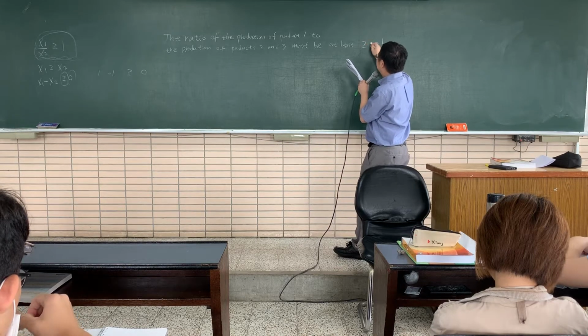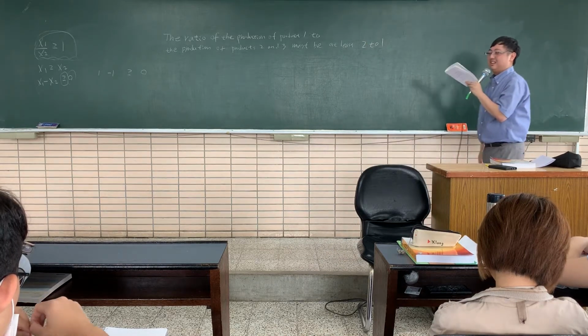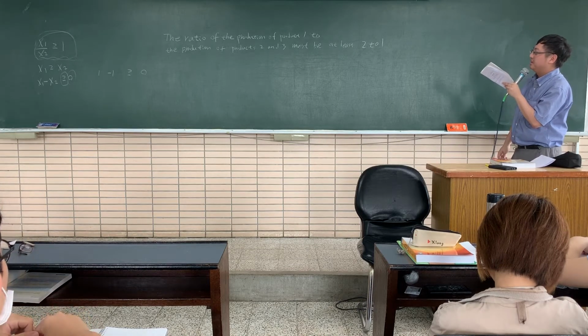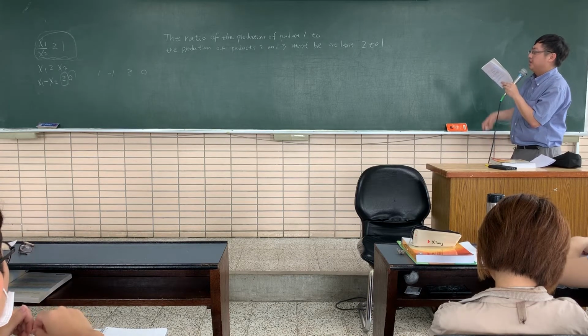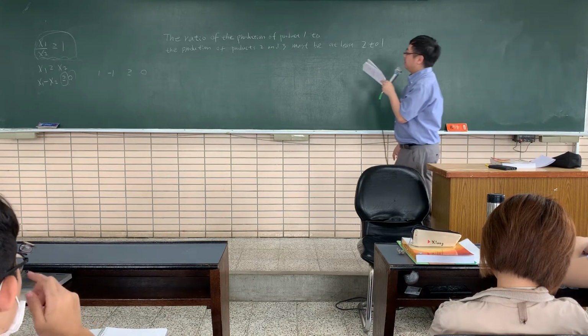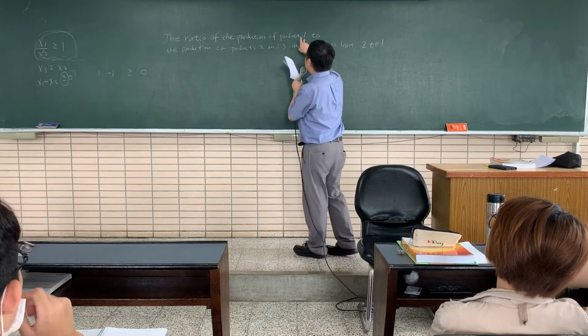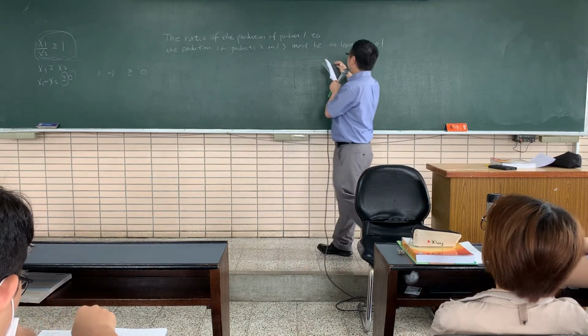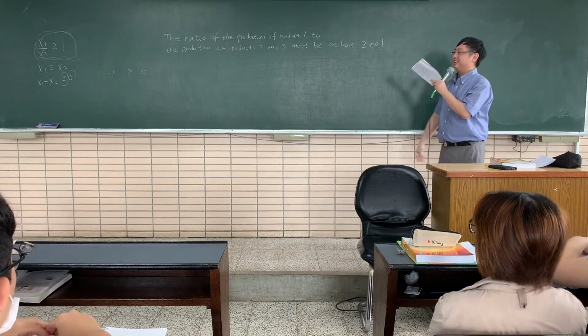This is a problem. It describes a constraint like this, or a requirement of production. Production of product 1 to the production of product 2 and 3 must be at least 2 to 1, the ratio.